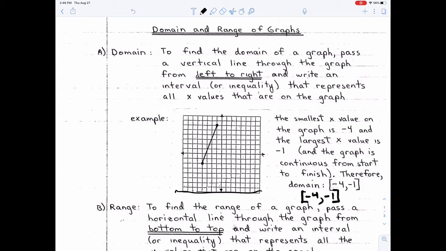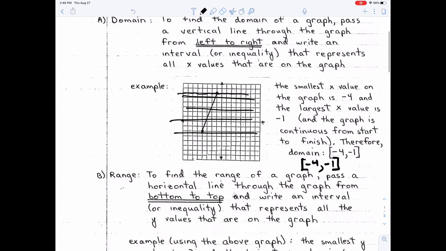So you're going to start at the bottom and start moving your pencil across and start your range wherever it first touches the graph, and end it wherever it last touches the graph.